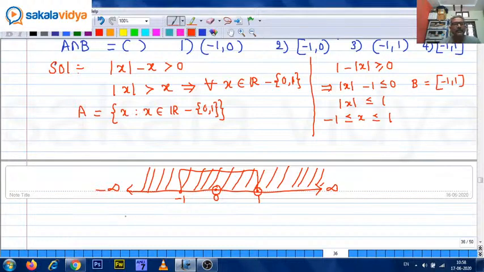So A intersection B is equal to, we can write like this: closed minus 1 to 0 union 0 comma 1.